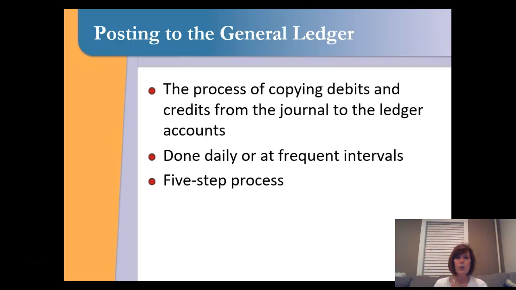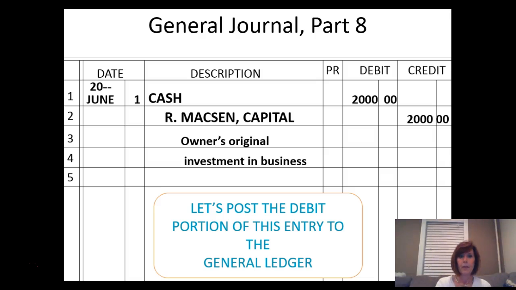When we post to the general ledger, we're taking our entries from the general journal, which we did in the last video, and we're then copying those into each ledger account. So here we have the journal entry that we did in the last video of the initial opening entry for our Maxon Capital account.